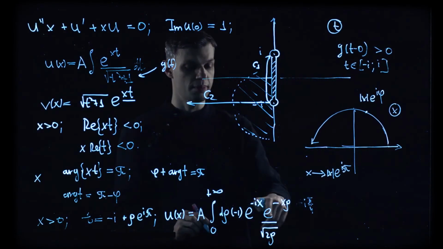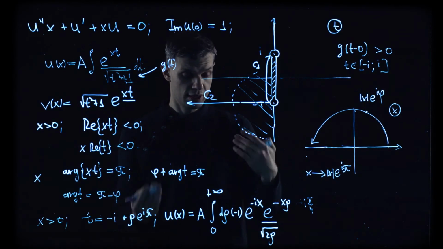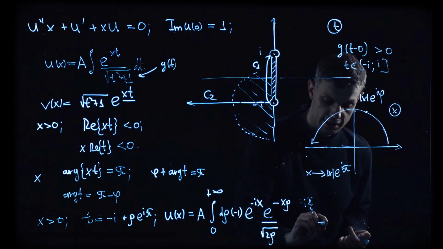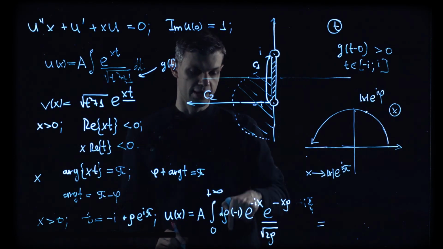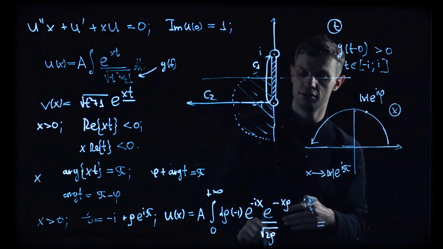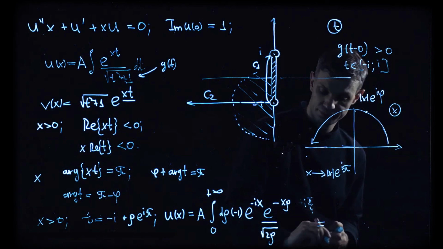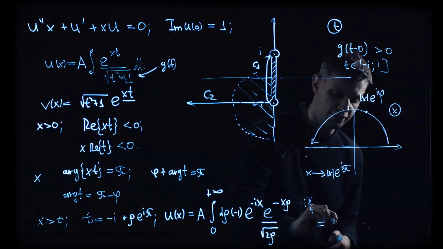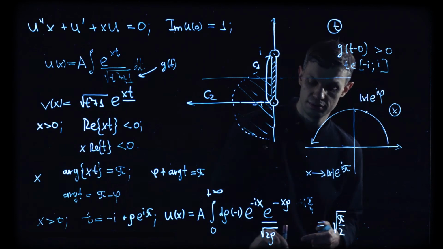As you remember, this integral gives you a simple gamma function. And here is our answer. The integral gives you the gamma function of 1/2, which is the square root of pi. We have here a factor 2, so square root of pi by 2.